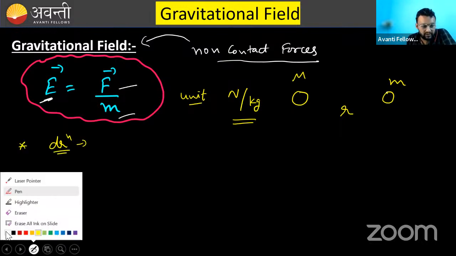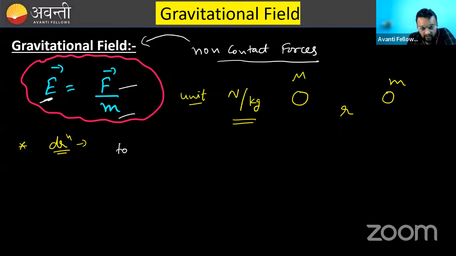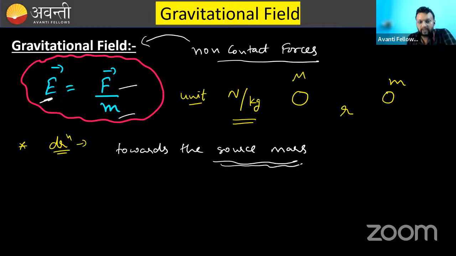The direction of this field will be towards the source mass. Now, can you identify the source mass? It is given in the question for which mass you want to calculate the field. So it will be towards the source mass. Remember this.